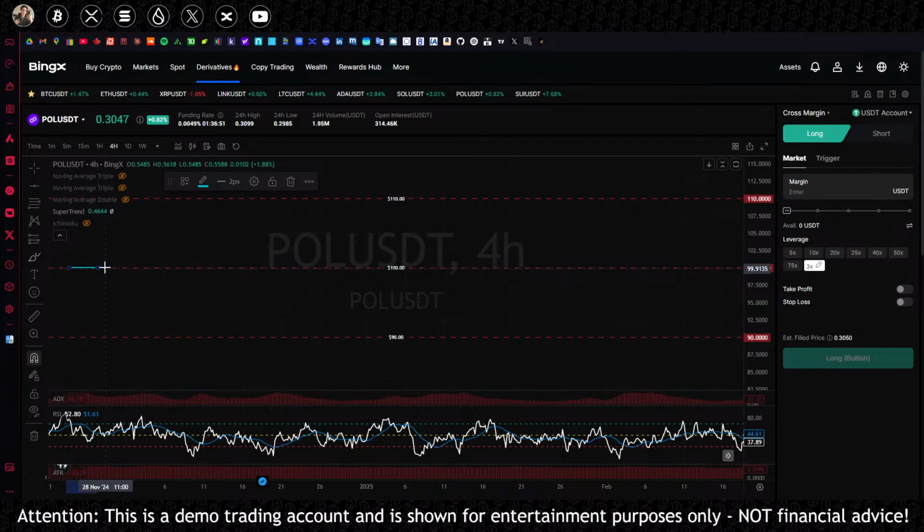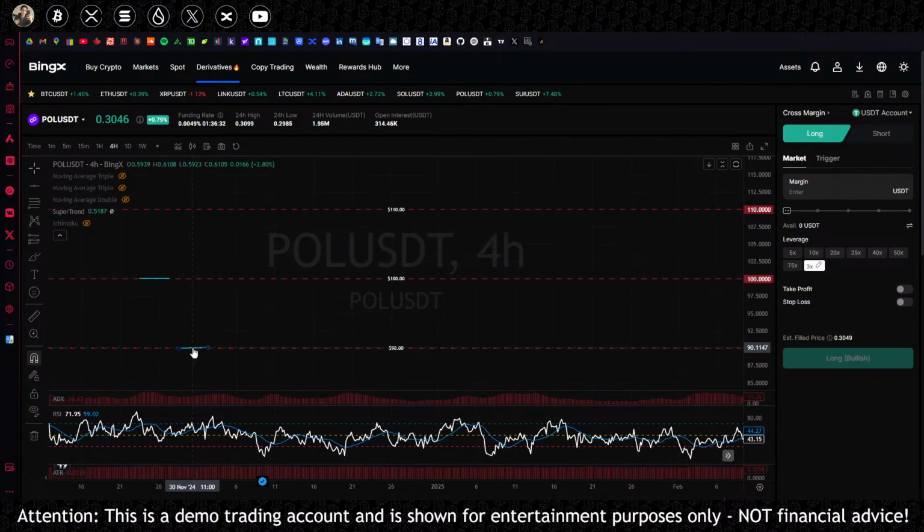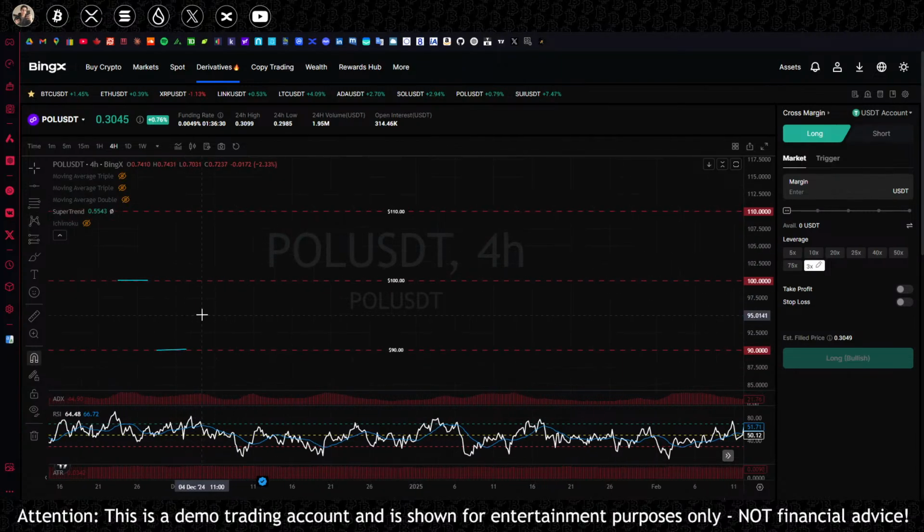Now, you purchase $1,000 of this $100 asset, right? You put a stop loss down here, and you put a take profit. No, you don't really put a take profit here, because I want to use this as kind of a trailing stop loss. So this is the scenario that I'm going to draw for you guys.